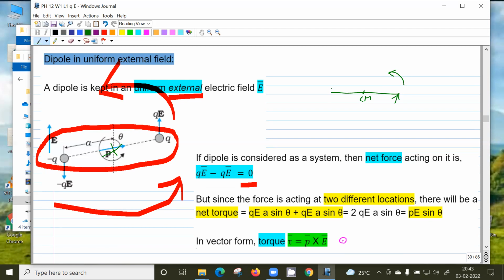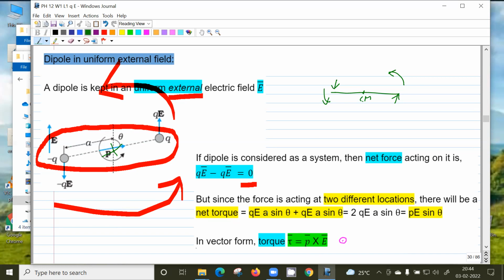And if I provide a force at this point like this, forget this force for now, only because of this force, it will try to rotate this way. So these two torques will add. Force will give rise to the torque if it is at this distance. So the same thing is happening here. One force is upwards, so it will produce an anti-clockwise torque, and this force also produces an anti-clockwise torque. So both the torques will add.